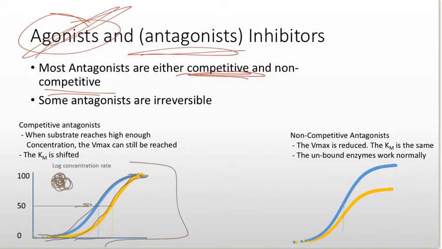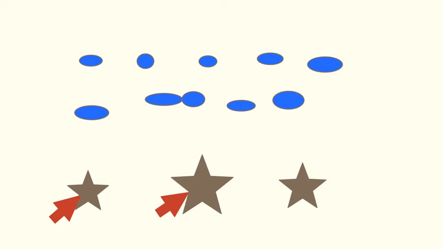Because eventually we will outcompete all of the antagonists. So first we looked at competitive antagonists, and we call them competitive because the substrate and the antagonist compete for the binding site, and whoever has the most strength wins.